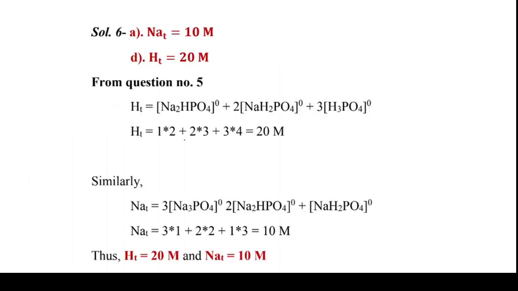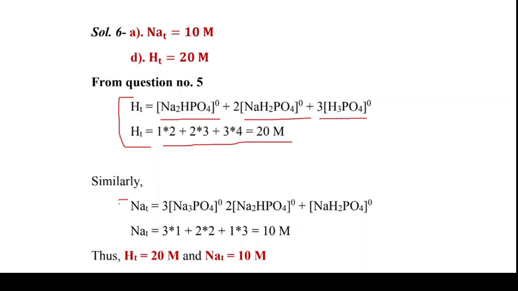You see the solution now. So from question number 5, we got this HT, which is equal to Na2HPO4, 2 times NaH2PO4 and 3 times H3PO4 concentration. Then we have the values 1 into 2 plus 2 into 3 plus 3 into 4 is equal to 20 molar.